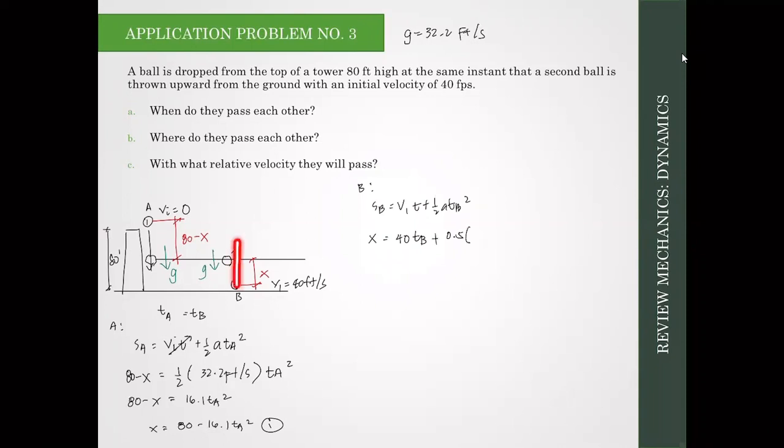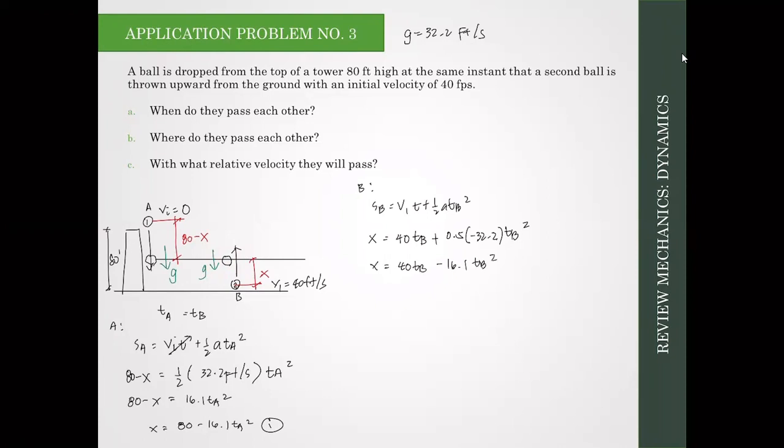Since yung motion natin is upward and then yung gravity natin is opposing that motion, dapat negative to. And then TB squared. Simplify lang natin. X is equals to 40 TB minus 16.1 TB squared.